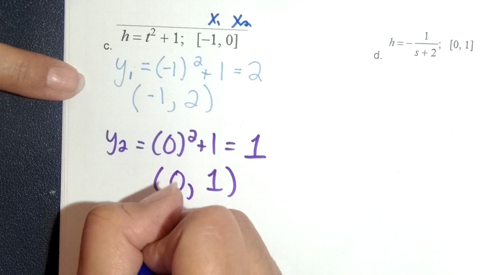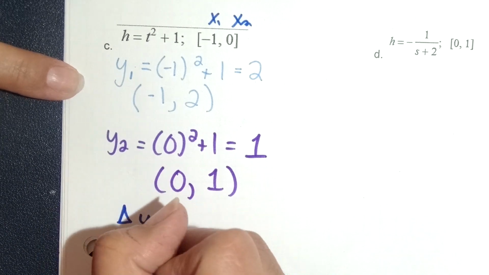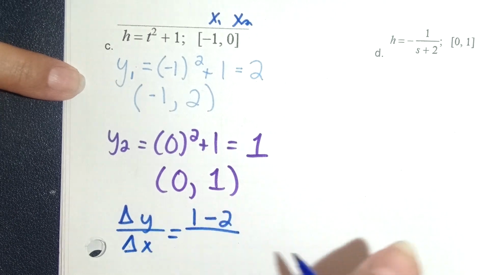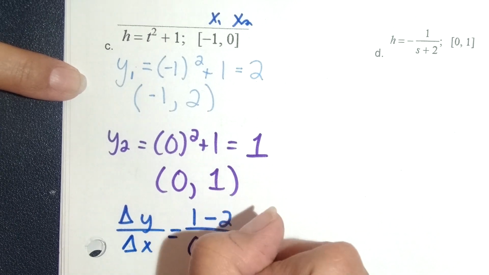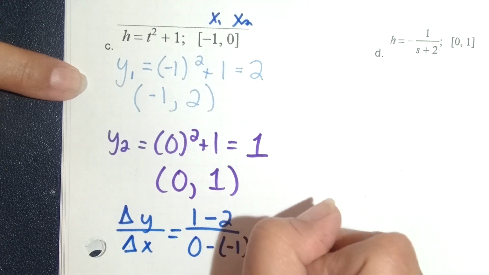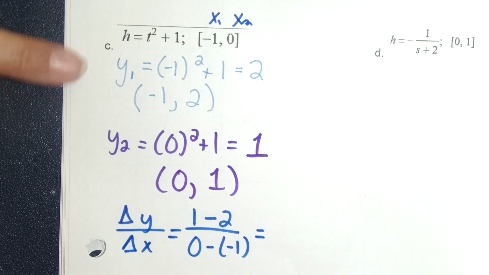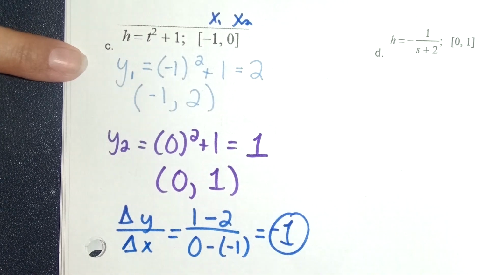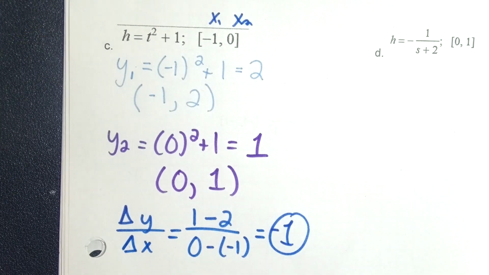I do. So it's the change of Y over the change of X. So 1 minus 2 over 0 minus -1, and you get -1. Should get -1 if I did my math right. Questions?